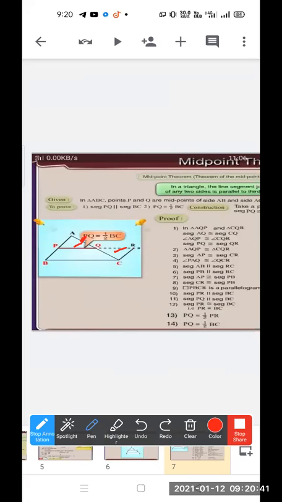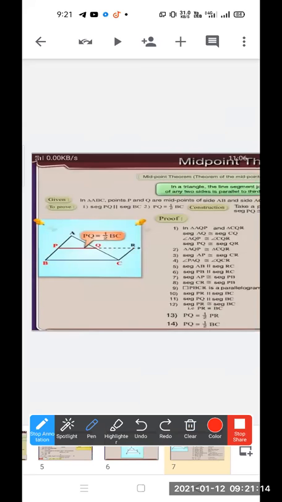Segment PQ is congruent to segment QR. What is the reason? We have drawn it by construction. So the first condition: PQ is congruent to segment QR by construction.